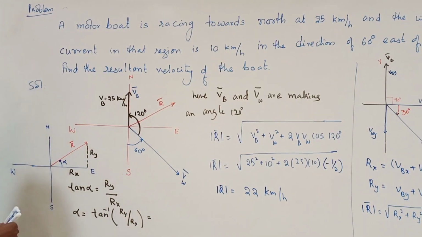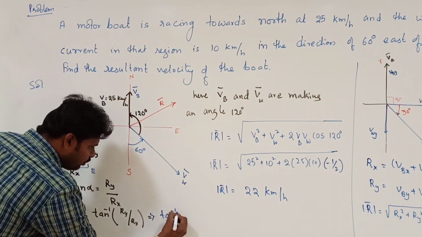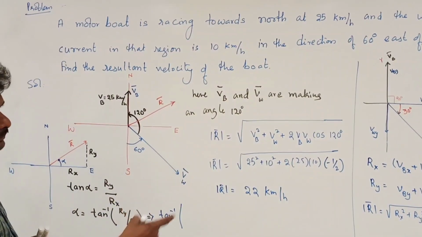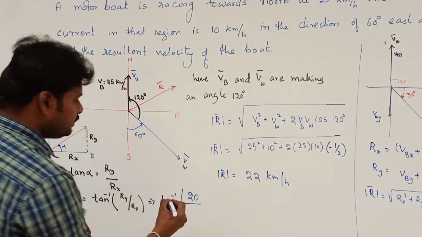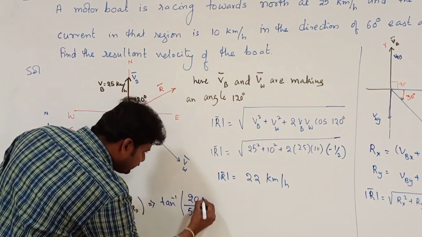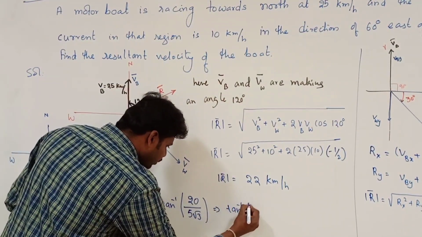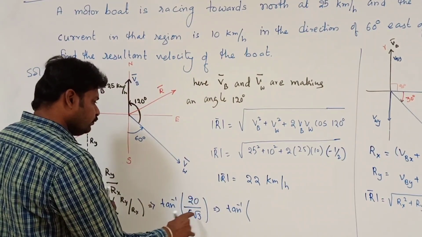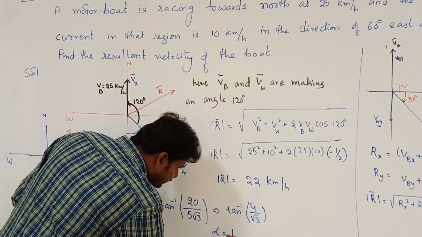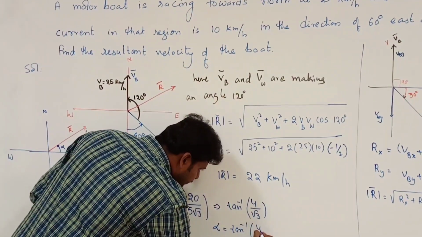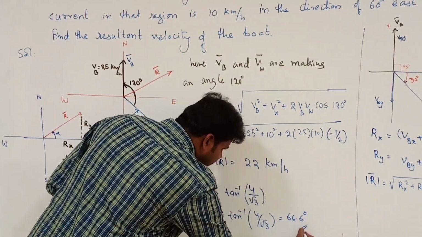What are Ry and Rx? Simply substitute: tan inverse of, we have found Ry is 20 and Rx is 5 root 3. So we get tan inverse of 4 by root 3. Here we require a calculator. Just apply it on the calculator and you will get approximately 66.6 degrees.